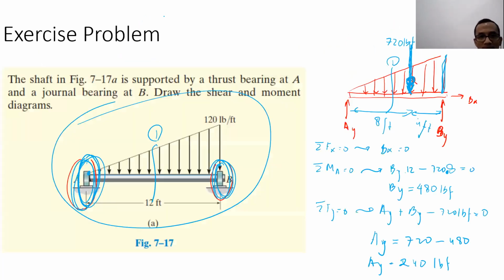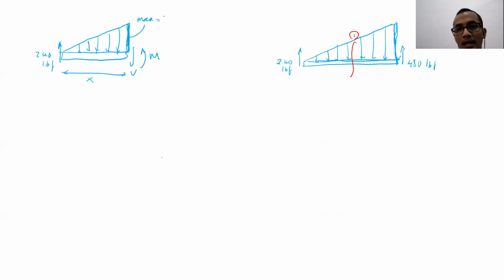Previously, it's 120 lbf per foot. So it should be 60 pound feet. Why 60? It's X. This one is 12.